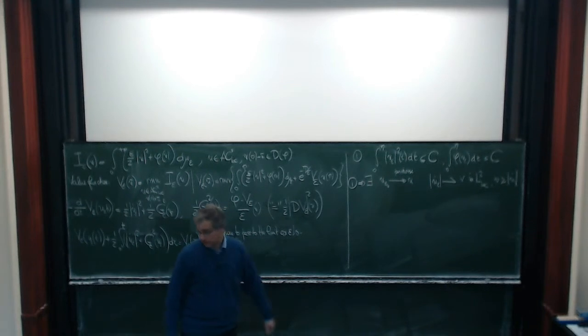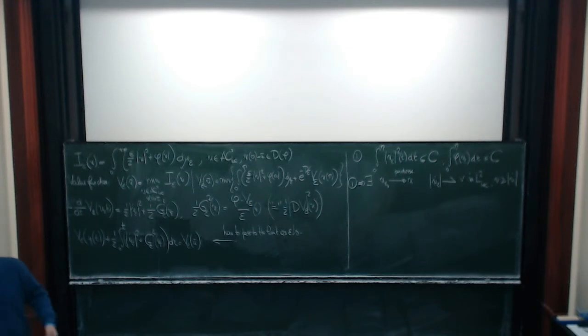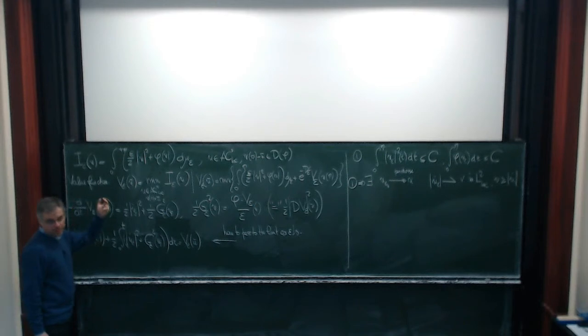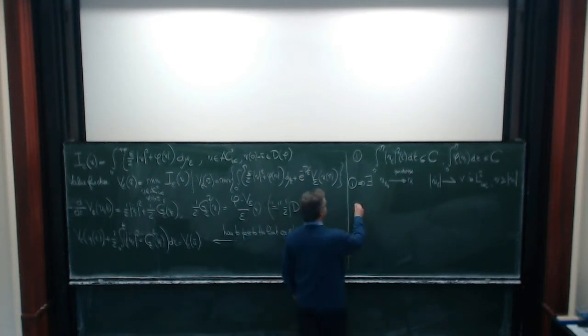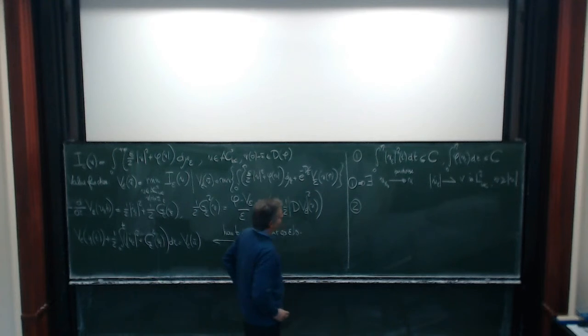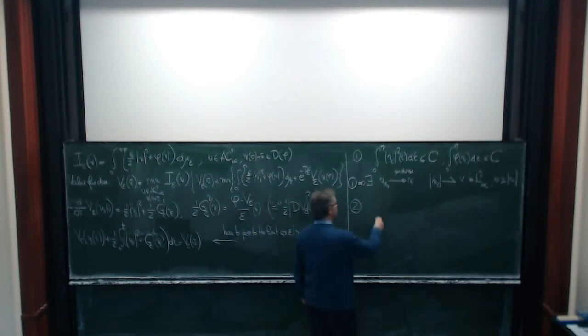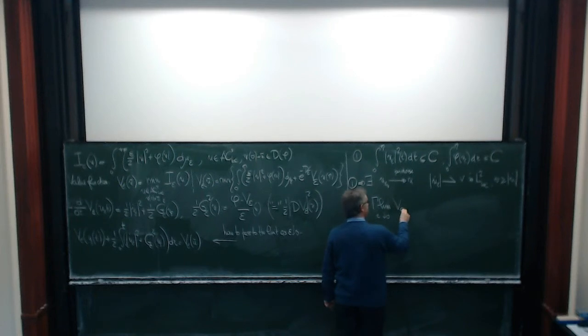So first, compactness. The second point that we have to show is that, since we have just a subsequence converging pointwise, we have to understand what is the possible limit of this v epsilon along an arbitrary convergent subsequence. So the second ingredient will be a sort of gamma limit of v epsilon. We will show that the gamma limit as epsilon goes to 0 of the functional v epsilon is exactly phi.